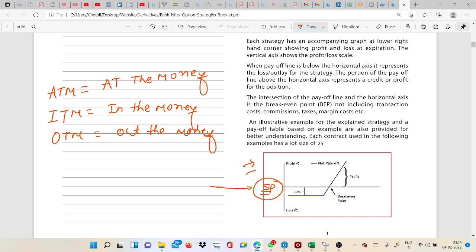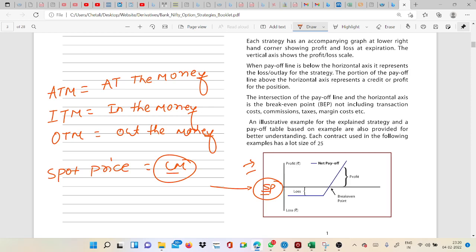And the spot price basically would be the current price of that particular contract, or I would say the market price of the underlying asset.